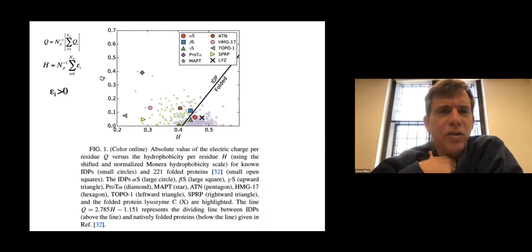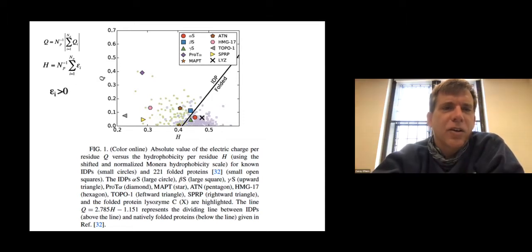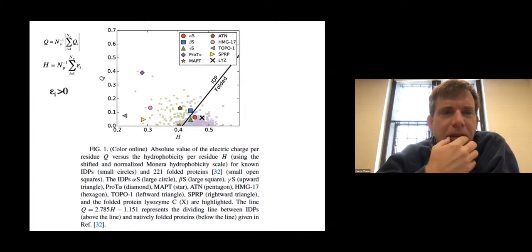So Q is the total charge. Each residue will have a charge that I called Q sub i. And you sum that up over the number of residues. In this case, I take the magnitude and then I divide by the number of residues. And that's the average charge of a protein.